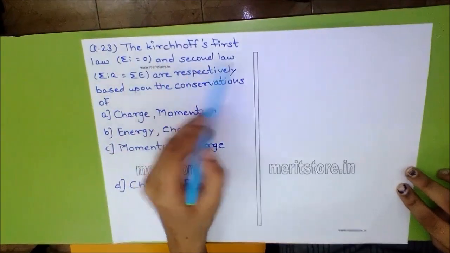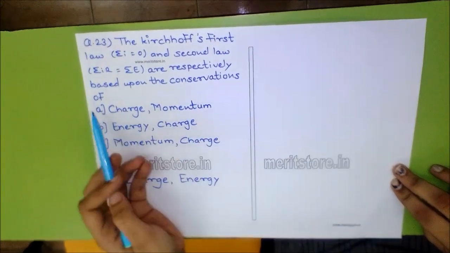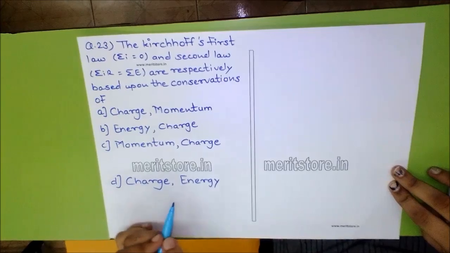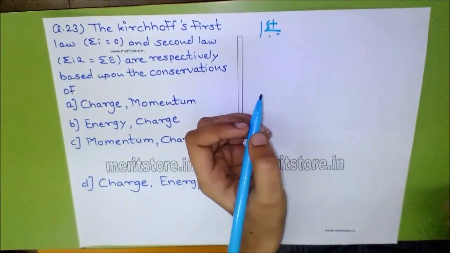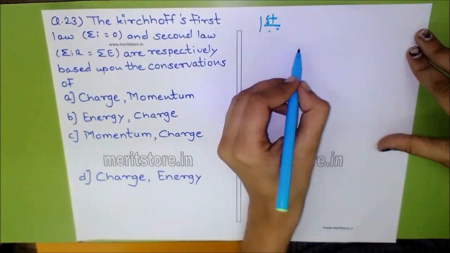Question 23. The Kirchhoff's first law and second law are respectively based upon the conservations of A, charge, momentum; B, energy, charge; C, momentum, charge; D, charge, energy. So the Kirchhoff's first law states that the current going out from any junction will be equal to the current coming inside any junction.